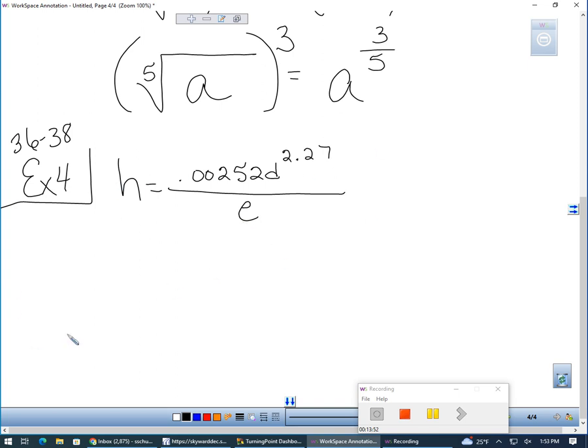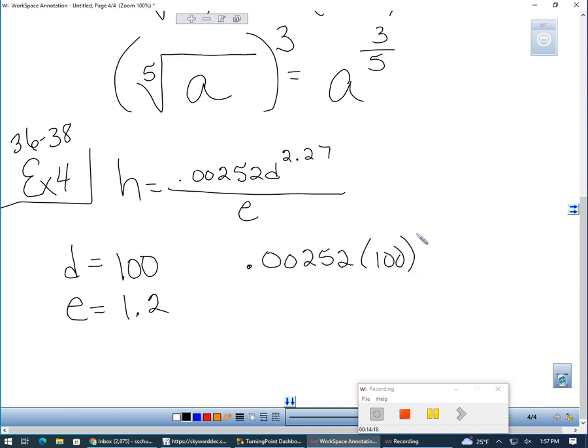So first they give you this equation. They tell you that d equals, let's say, 100, and e equals 1.2. So you're going to grab your calculator and plug it in: 0.00252 times 100 to the 2.27 divided by 1.2.